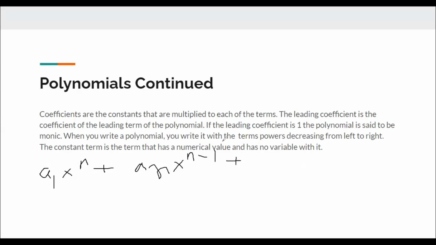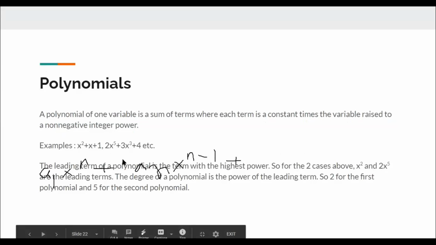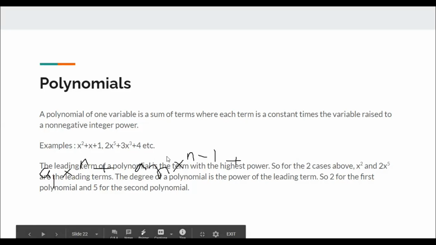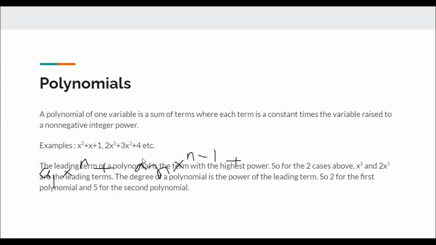In the polynomial in the previous example, it said 2x to the power 5 plus 3x cubed. You might wonder, I wrote x to the power n and then x to the power n minus 1, so what happened to x to the power 4? Why is there no term? That's simply because the coefficient in that case is 0, so that means that a2 is equal to 0. That's why there's no x to the power 4 term.